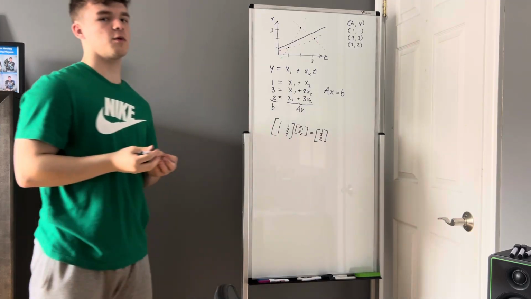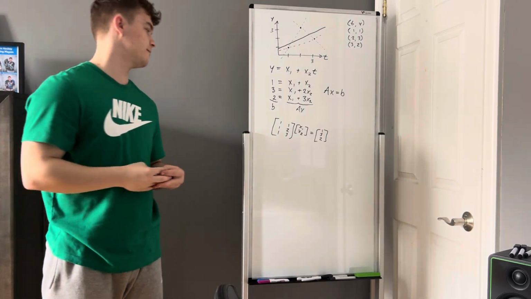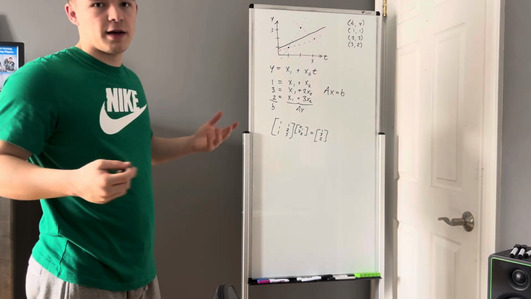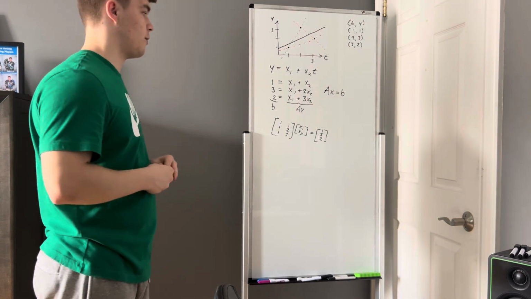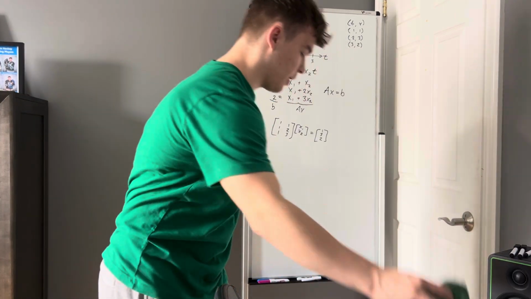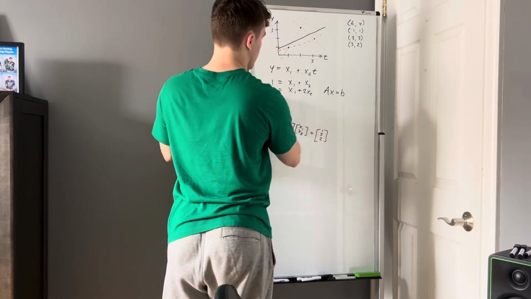Well, if we solve this, we're going to get that we have a parameter, and we simply can't solve this to an exact point. But we can solve it using this formula.